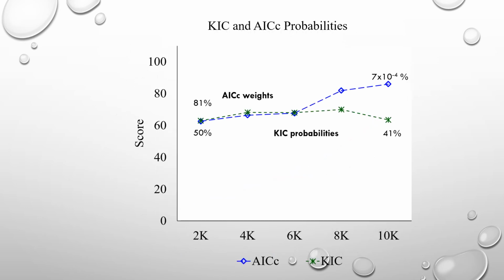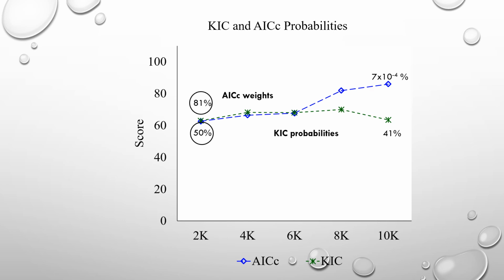And now if we look at the model probabilities, I want to point out that AICc refers to model weights instead of probabilities, but to be consistent, I'm going to refer to probabilities for both KIC and AICc. You can see that AICc favors the simplest model, with an 81% probability that that model represents the true but unknown system.